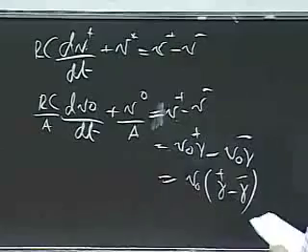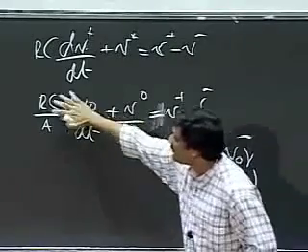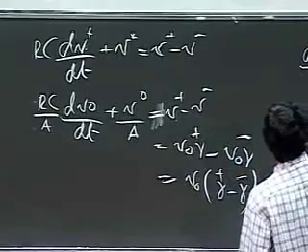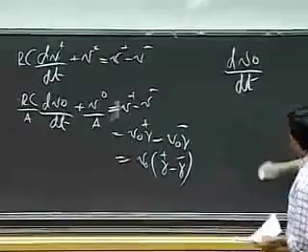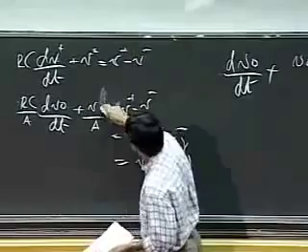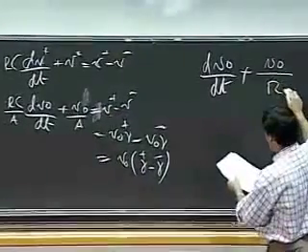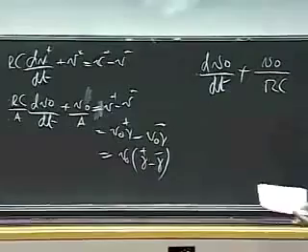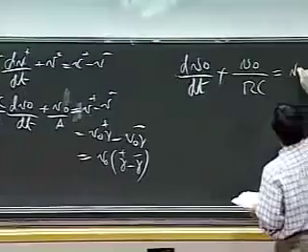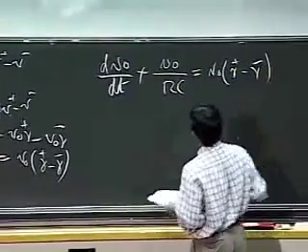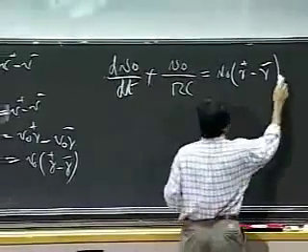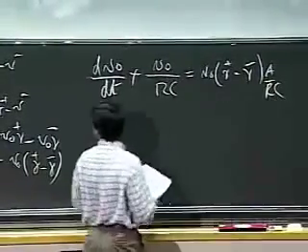So then, moving things around a little bit, I divide throughout by A divided by RC, plus V naught divided by RC. And V naught times gamma plus minus gamma minus.